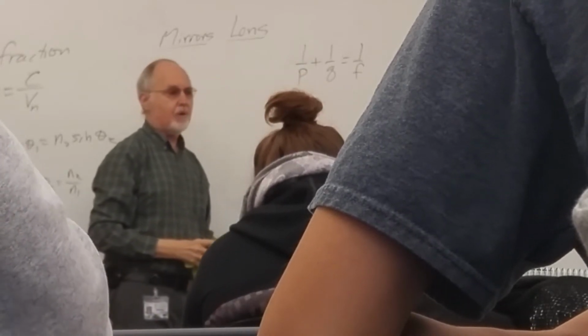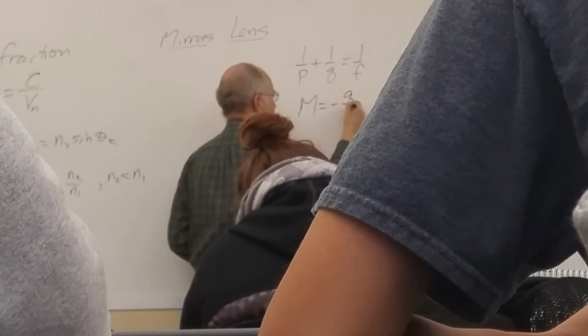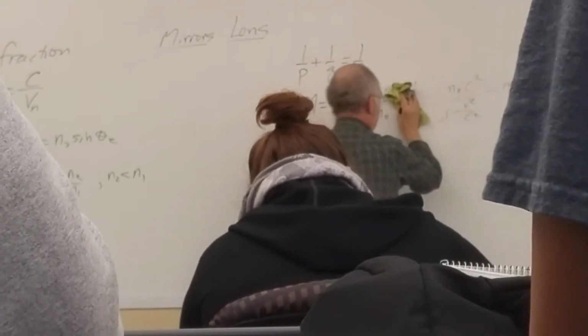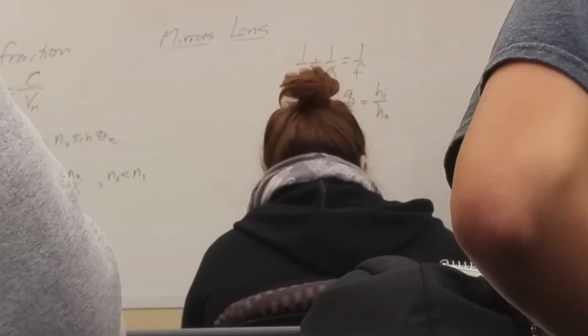That's our equation for both mirrors and lenses. And then the magnification is minus the Q over the P, or the size of the image over the size of the object. Think in terms of just how big is the image compared to how big is the object. That's the magnification.